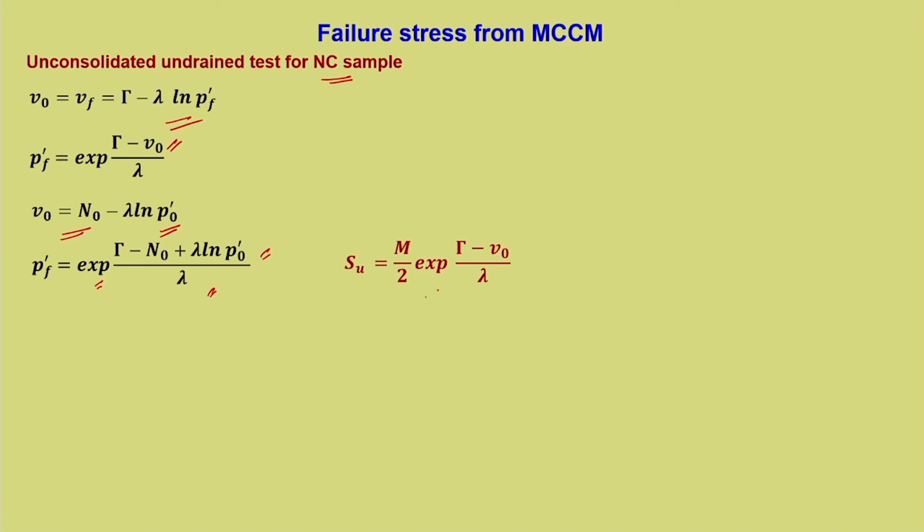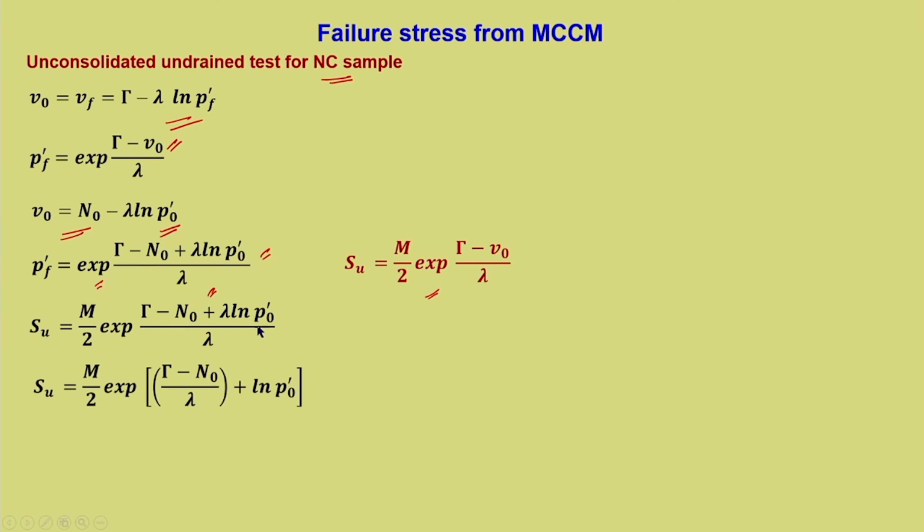Su is also equal to m by 2 exp gamma minus V naught by lambda from the previous slide. So, substituting for P dash f, Su can be written as m by 2 exp gamma minus N naught plus lambda ln P naught dash upon lambda, and if you split this, m by 2 exp gamma minus N naught by lambda plus ln P naught dash.